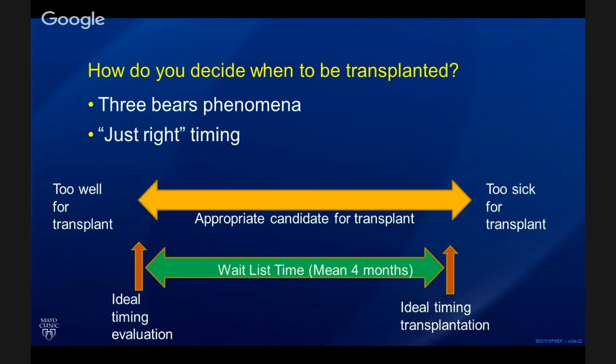Most patients wait for lung transplant for a period of months. The average waiting time is 4 months, and since we don't know how long you will wait, because some of it is the availability of organ donation, some of it is your blood type, your size, whether you have antibodies to other potential donors, etc. We don't know how long that waiting time is going to be for you, and ideally your time where you're an appropriate candidate is about the time that you need to wait for lung transplant.